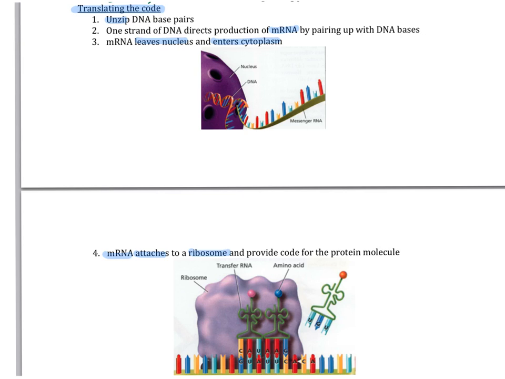Just like that, for each individual cell, only the genes that are needed in that particular cell are the ones that are copied into mRNA, which then leaves the nucleus and travels to the cytoplasm.